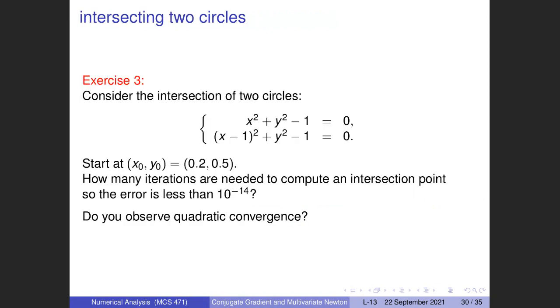Here is a very simple example, but still intersecting two circles can have some applications. So run the posted code and run it for adjusting here the two equations, f and g, to the equations for the circle. The question is, do you observe quadratic convergence?